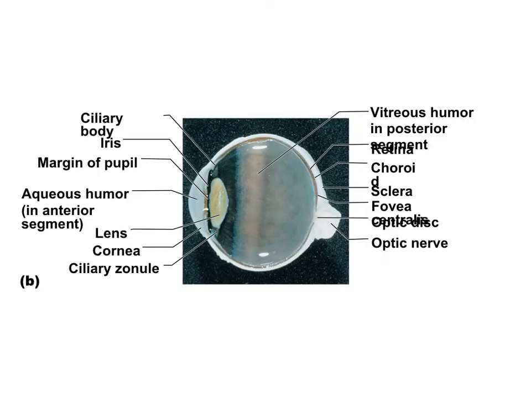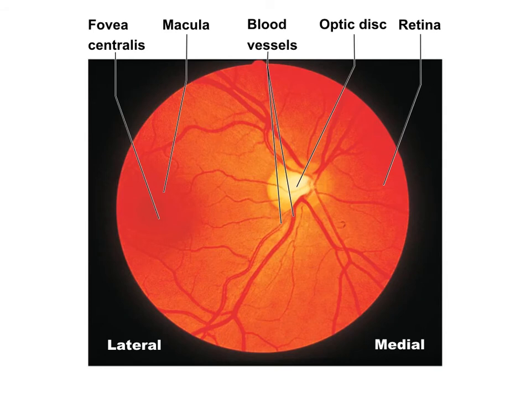Again, we've seen this picture, the pathway of light. Light must be focused. So here's your fovea centralis, the macula, and then blood vessels, optic disc. You see no stuff, and then you have the whole retina that's there. Lateral, medial.